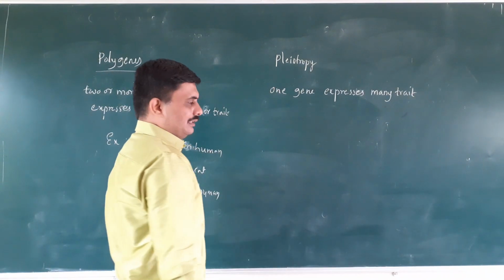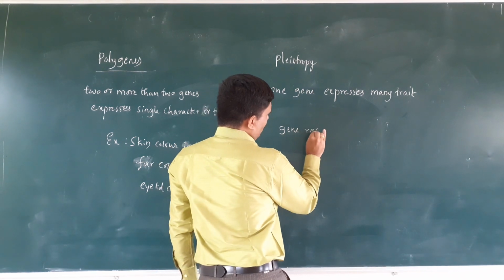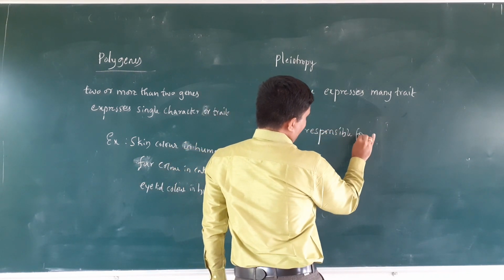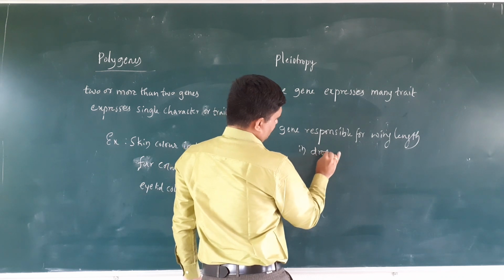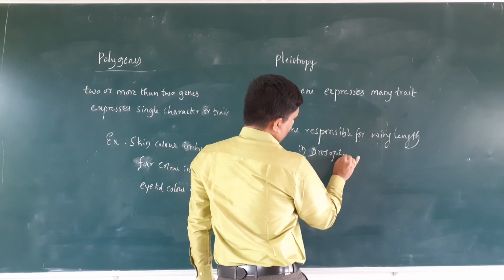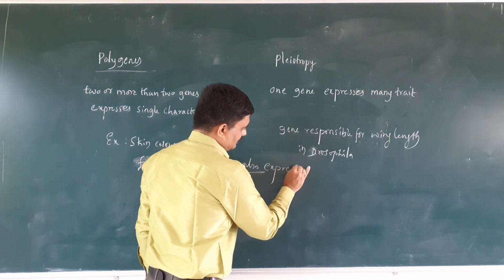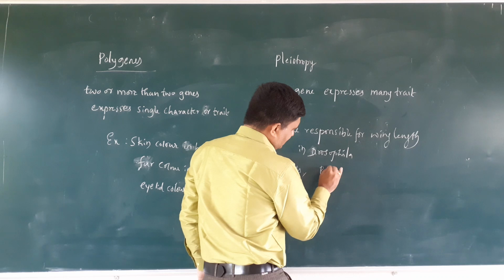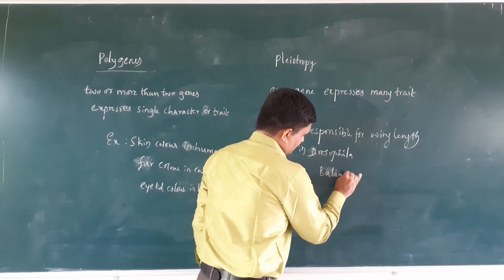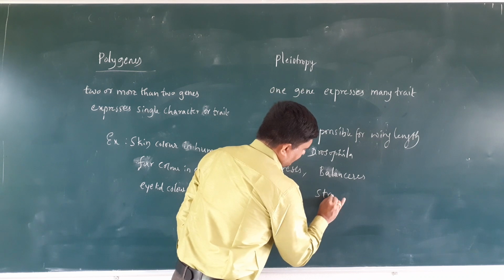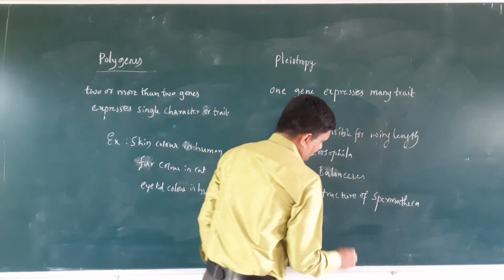Example: the gene responsible for wing length in Drosophila also expresses balancing of the body, the structure of spermatheca, and the number of eggs.